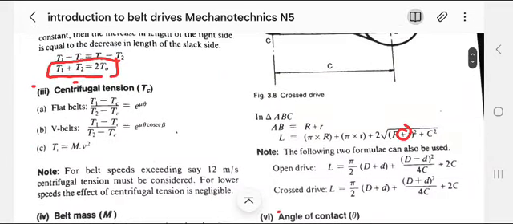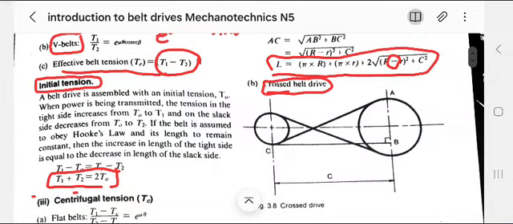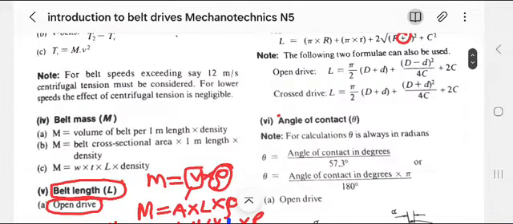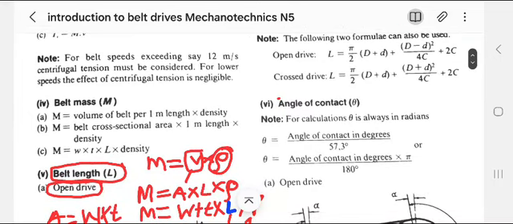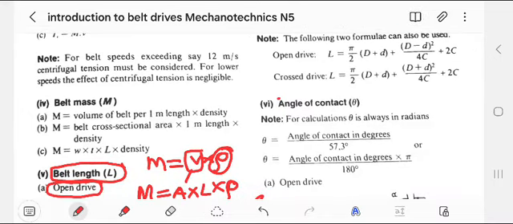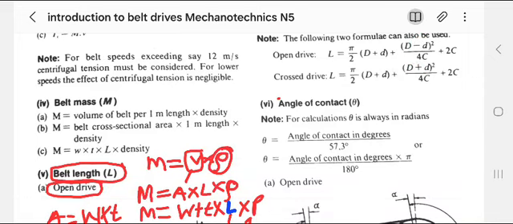Cross must be plus, open belt must be minus. So you can also use this formula. The difference is just here, there is minus, here is positive. So you're good to go, and it will be given on your formula sheet.